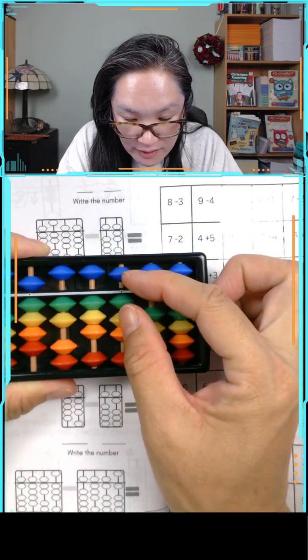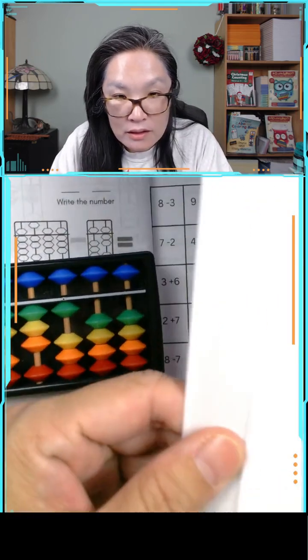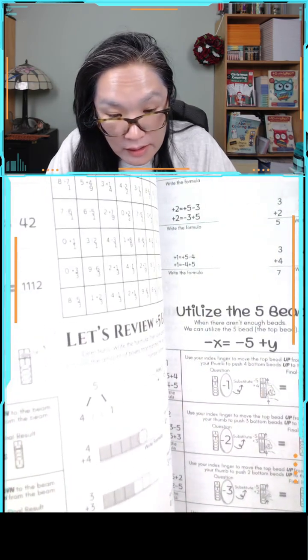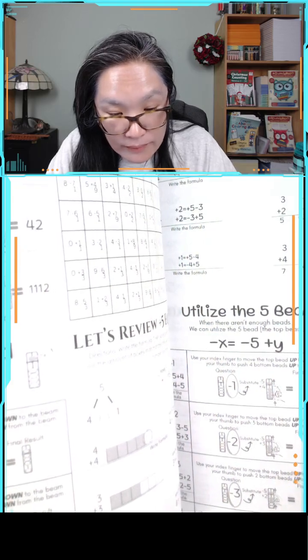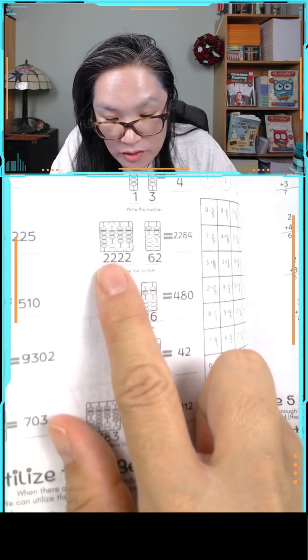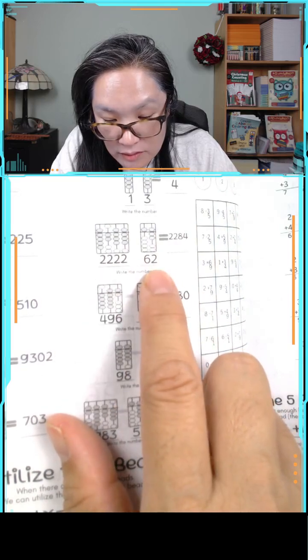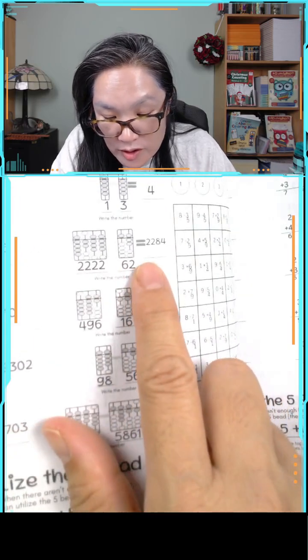Take away 7. Look at the back. Did I write it wrong? Oh, I wrote it wrong. So that was wrong because it's supposed to be 9, 2, 8, 8. So the 22 is wrong.